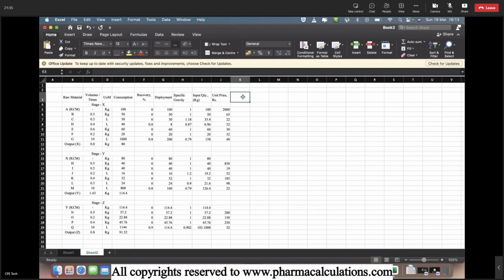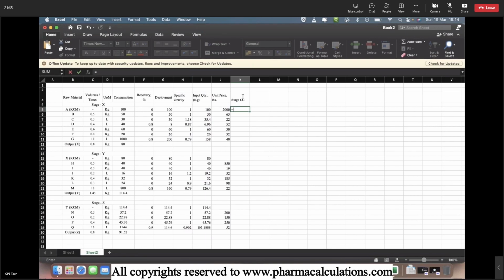So the prices are done, and the next one is we need to estimate the stage CC. Stage CC is going to be the ratio of input to output, like the stage-wise cost contribution for each raw material that we are going to see.